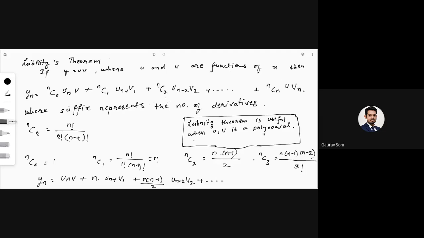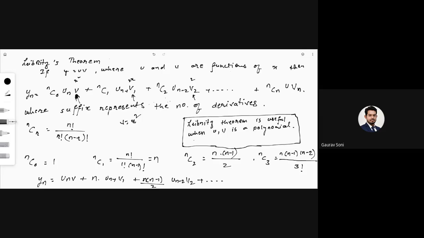Actually, v should be a polynomial, because in the first term, v is kept as it is. In the second, you're taking one derivative of v, then two derivatives of v. Say for example v is equal to x square. The first term will have x square, the second term will have 2x, the third term will be 2, and from the fourth all of them are 0.